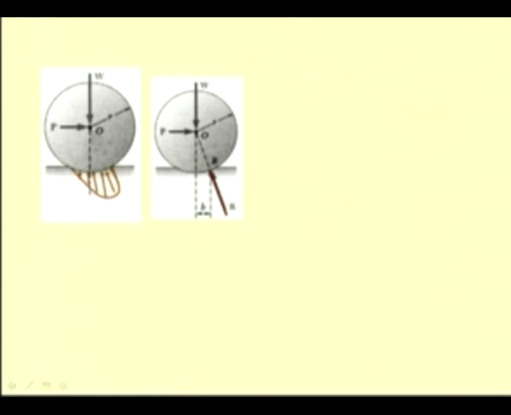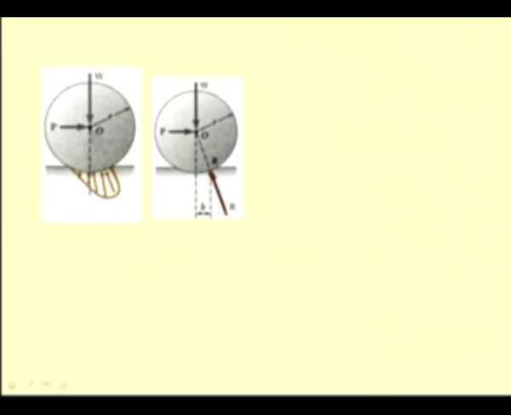Now, the vertical component of this force R is balanced by W, but the horizontal component of this R is balanced by this applied force P, which keeps this wheel in rolling motion, and the moment of this force balances the moment of this reaction. So, we see that the resistance to rolling comes because of the moment of this reaction force R, which has to be balanced by an applied moment.